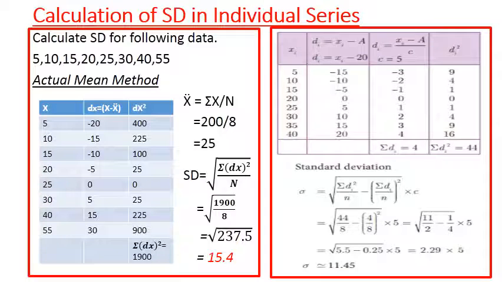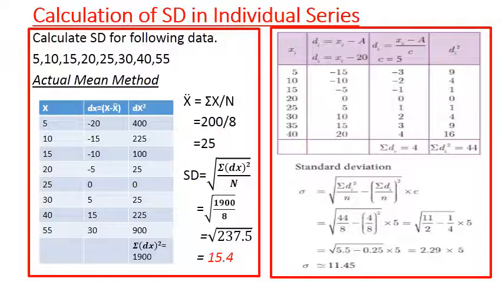Now you can put these values in the formula. So it is 44 divided by n, which is 8, minus 4 divided by 8 squared, into 5. 5 is the common value, so when you take a common factor, you have to multiply the formula by that common value. 44 divided by 8 is 11 by 2, minus 4 by 8 is 1 by 2, and the square of this is 1 by 4, into 5. 11 by 2 is 5.5, minus 1 by 4 is 0.25, into 5.